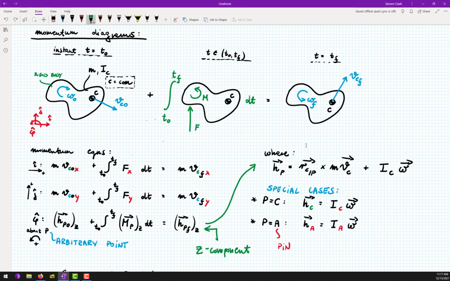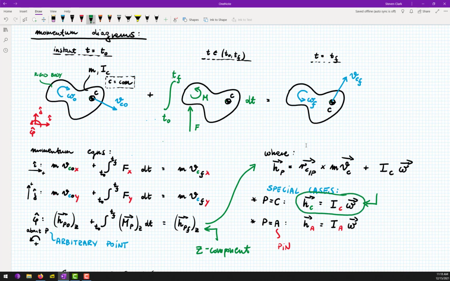So, okay, we can write down this expression for angular momentum. And now the question is how to calculate this angular momentum. We can use this general, long expression to find our h about point P. However, there are some special cases that simplify this expression significantly. For example, if you would like to write down angular momentum about the center of mass, just write this one.